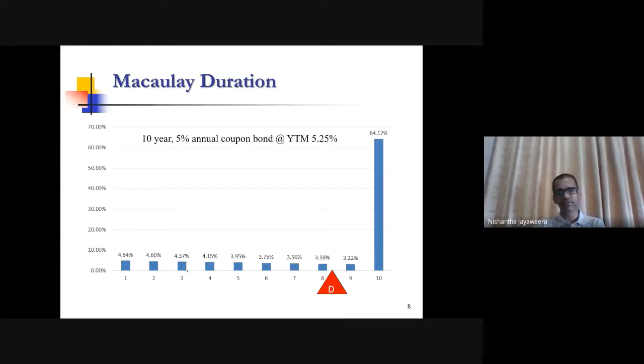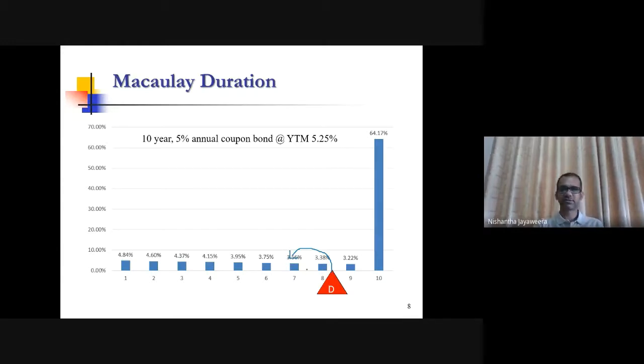Therefore, the present value would be high. Therefore, the weight given to the first, second, and third cash flows would be relatively higher than these figures. If I increase that 5% to 10%, this would be much higher. So then, to balance, this point should move to the left, as you said.